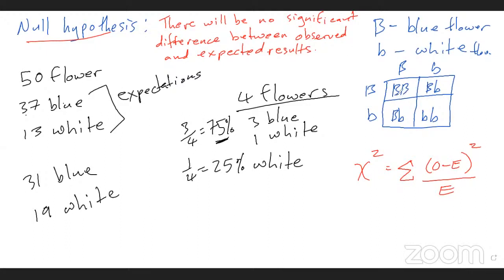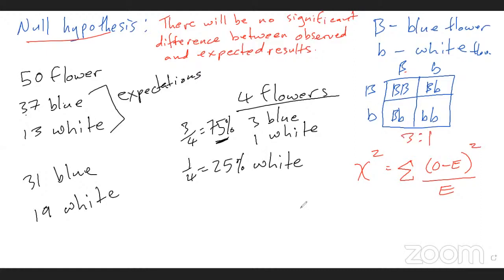That is where the answer comes from. 3 to 1. So once you do a heterozygous cross, it is 3 to 1. So this is what you expect.